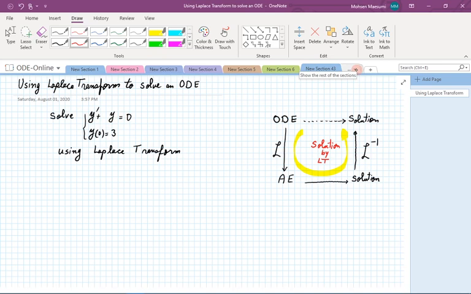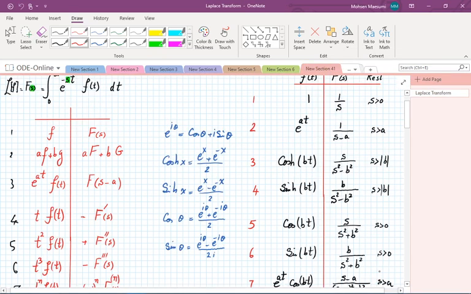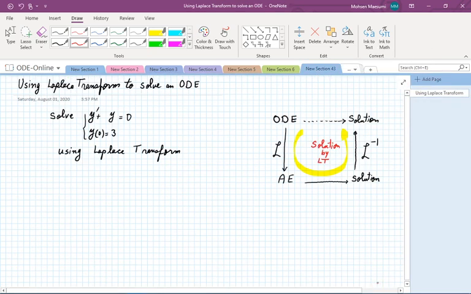And that's pretty understandable, because what we have done previously is that we have given you a bunch of functions and we learn how to find their Laplace transform, and then for certain general cases we also found their Laplace transform. But looking at this, it's as yet not clear how does that help with solving an ODE. So let's go ahead and take the mystery out of the page.